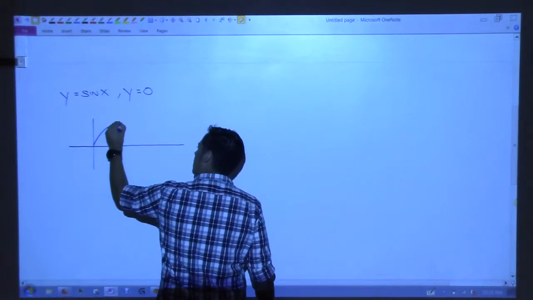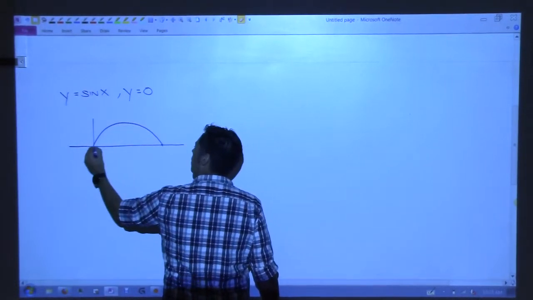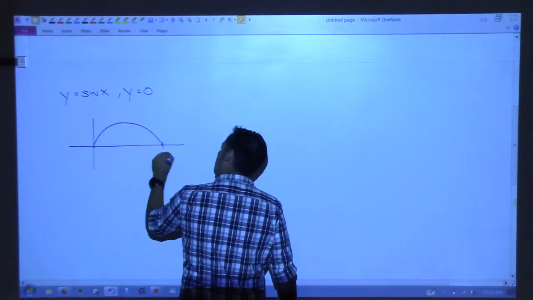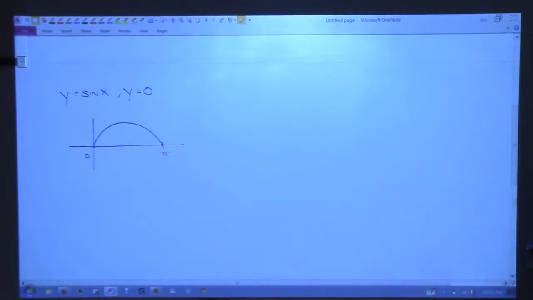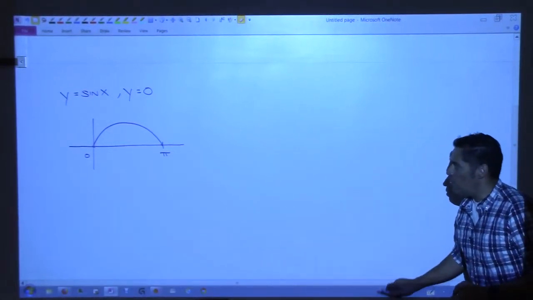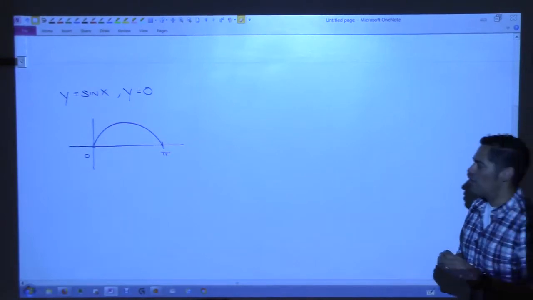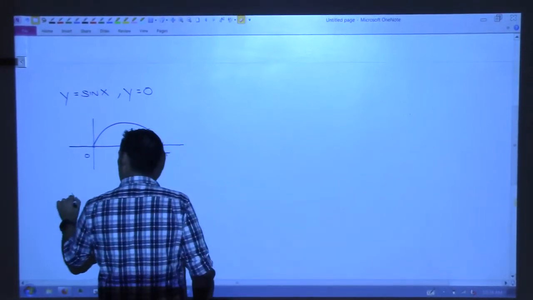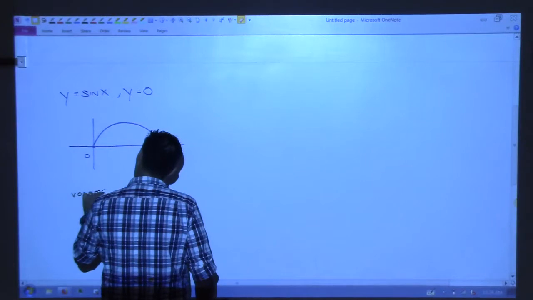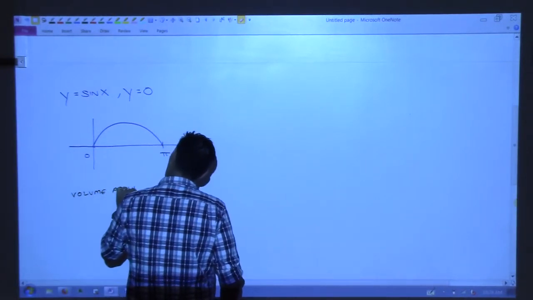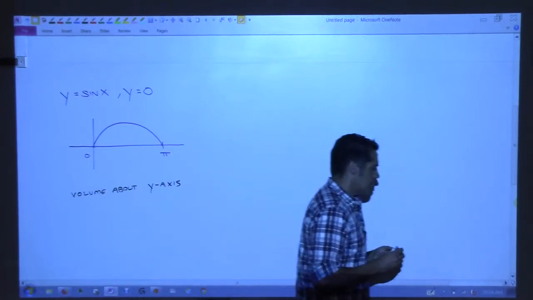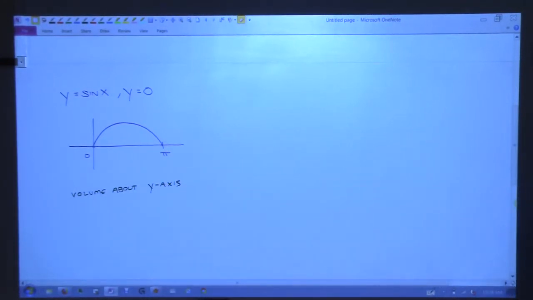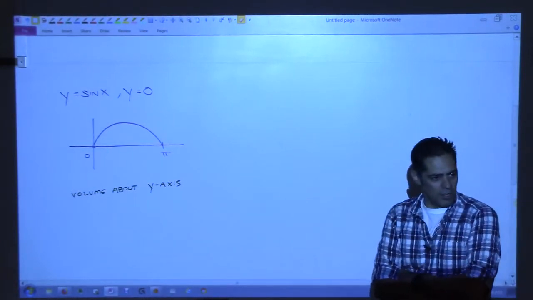I just want you to be looking at the first arc of the sine function, and I want you to consider the volume about the y-axis. Consider that amongst yourselves, talk to each other, for the next 3 minutes, and then we're going to talk.